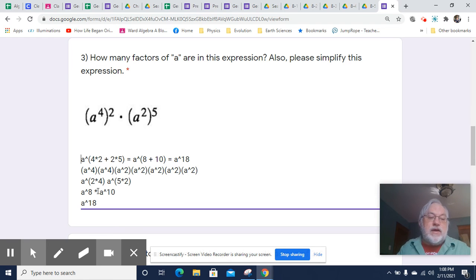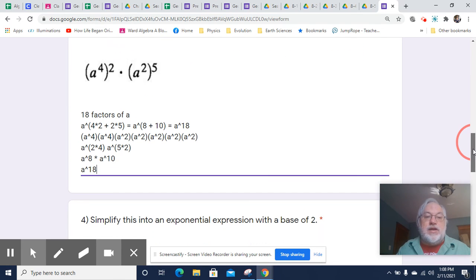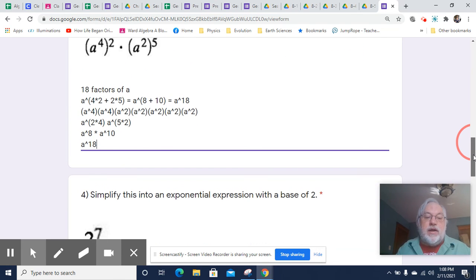There are 18 factors of a. Okay, and then we simplify it, it's just a to the 18th. Okay, and this is a combination of the power and product laws.